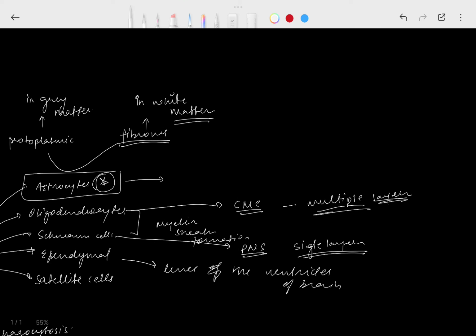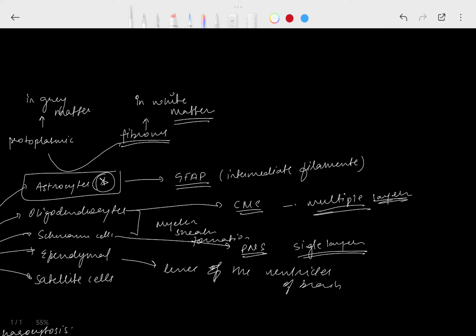Astrocytes have a tumor marker, GFAP, which is an intermediate filament. What is GFAP?